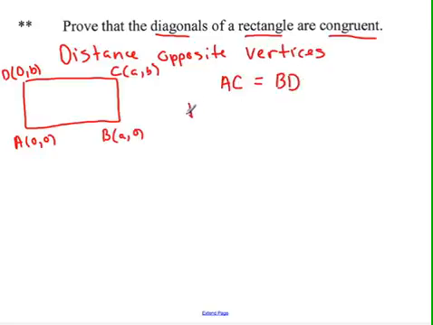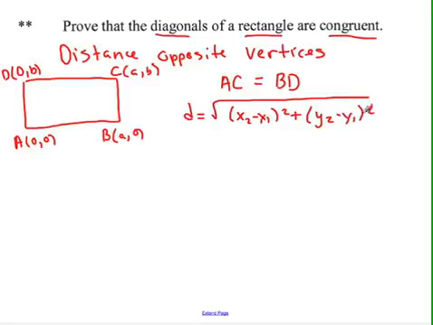I'm going to need to use the distance formula. The distance formula is just the square root of x2 minus x1 squared plus y2 minus y1 squared.